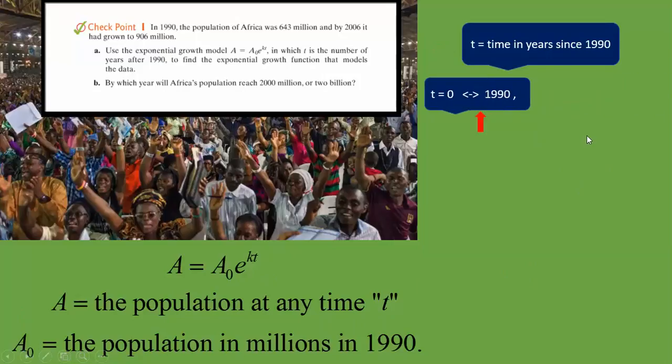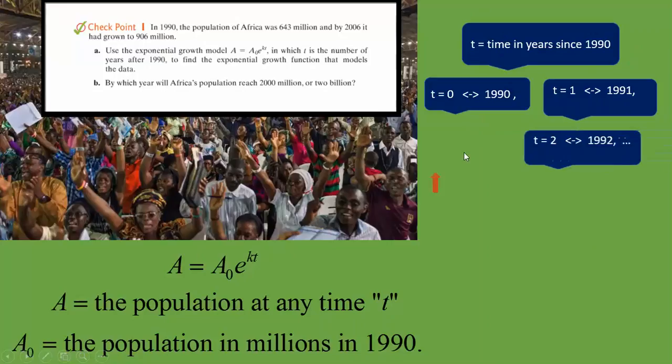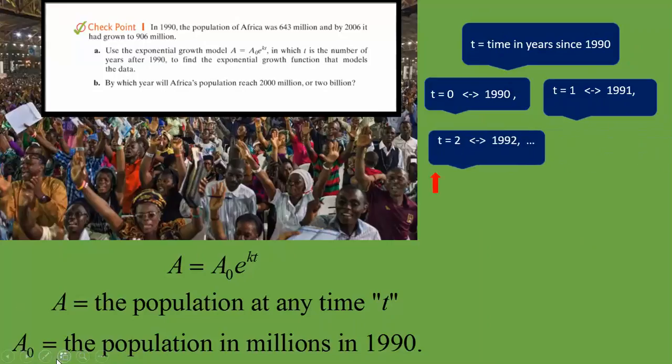So if t is equal to 0, that corresponds to the year 1990. If t is equal to 1, that corresponds to the year 1991. If t is equal to 2, that corresponds to 1992. And if t equals 16, that corresponds to 2006.